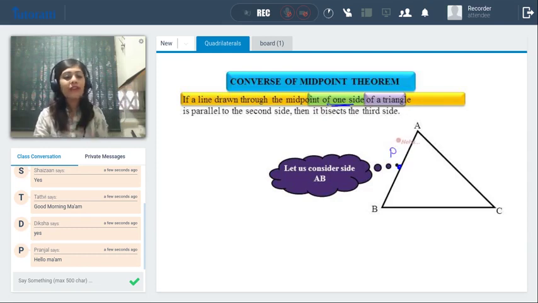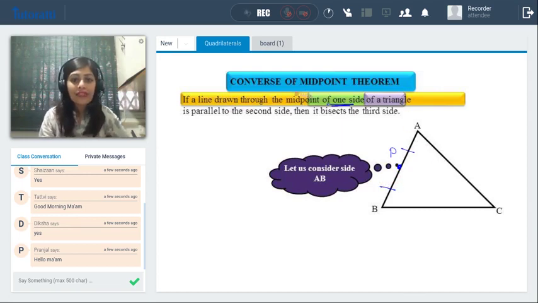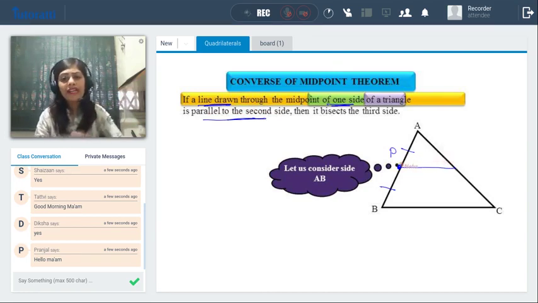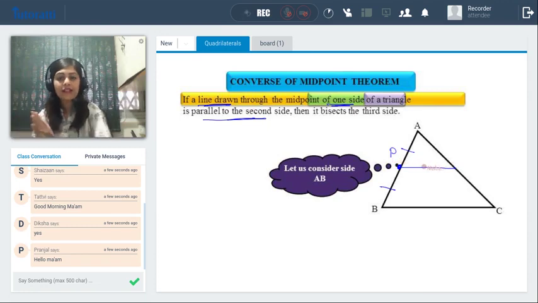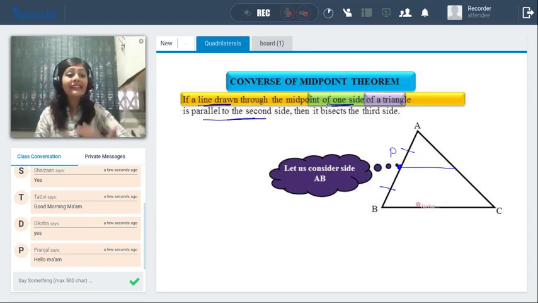So say for AB, we have taken a midpoint P. Only for one side it is given to us. Next it says that this line drawn through P is going to be parallel to the second side. Since from P we can have a line only parallel to BC, right? So from P we have a line parallel to the second side, which is BC.